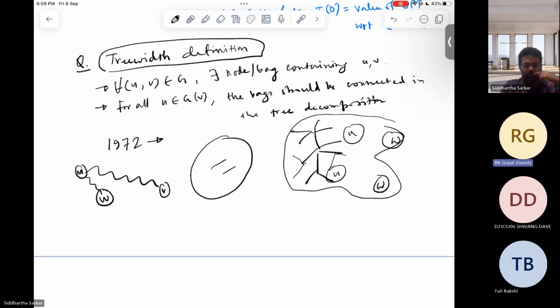But if we are introducing many more connections which were not there in the original graph, indirectly we are applying those algorithms which are exclusively meant for trees at the cost of introducing many more new connections. So how can this be beneficial? That is the question. Whether new connections are formed or not, I'm not sure.